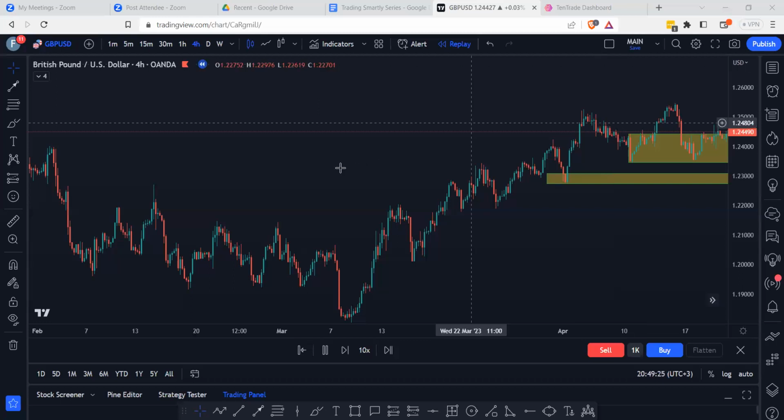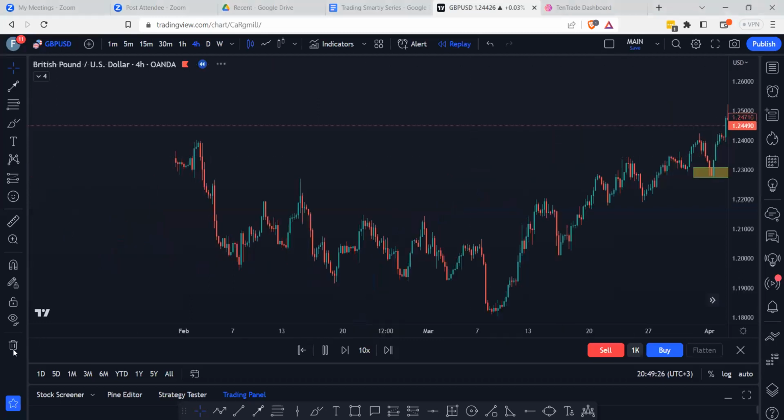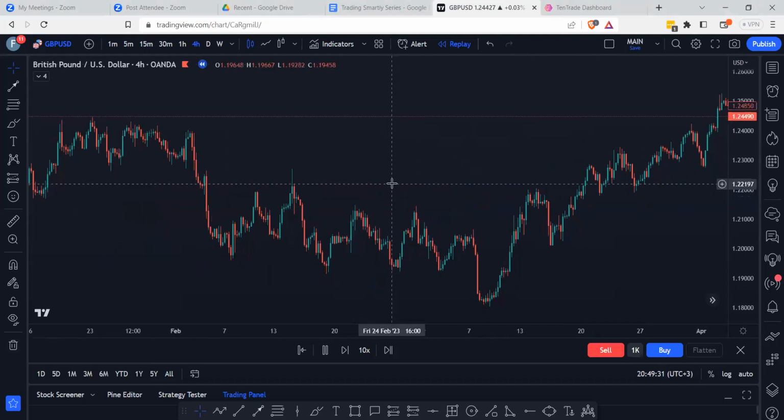So let's discuss resistance. A resistance is an area of the market that acts as a ceiling. The work of resistance is to push price all the way down. Now let's see how price has been reacting in a resistance area.